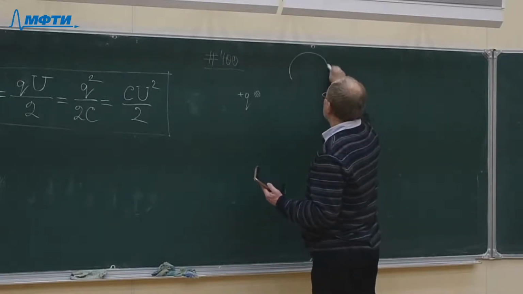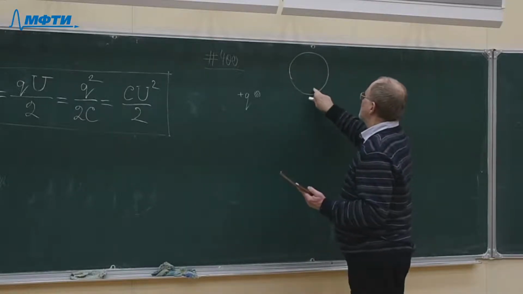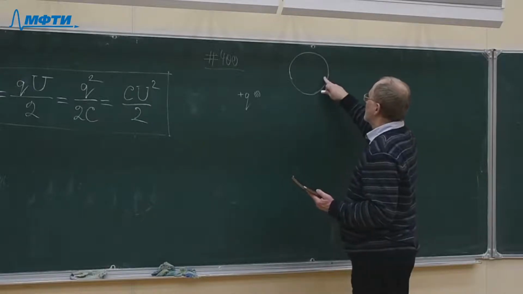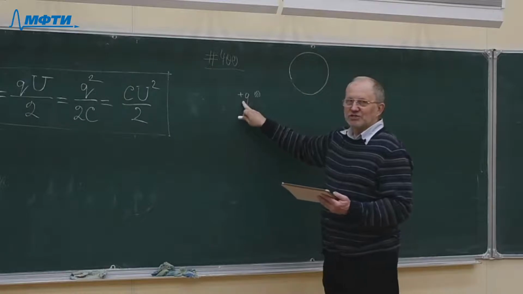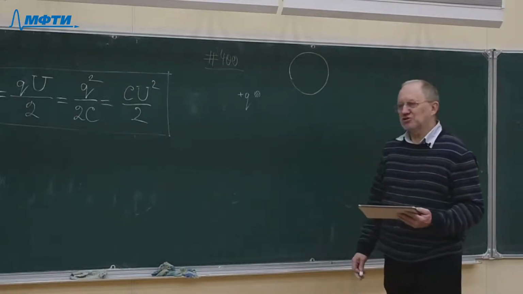That is, we have another object, and we want to charge it so that the final charge of this body be much, much larger than the initial charge of this small ball. Can it somehow be arranged?